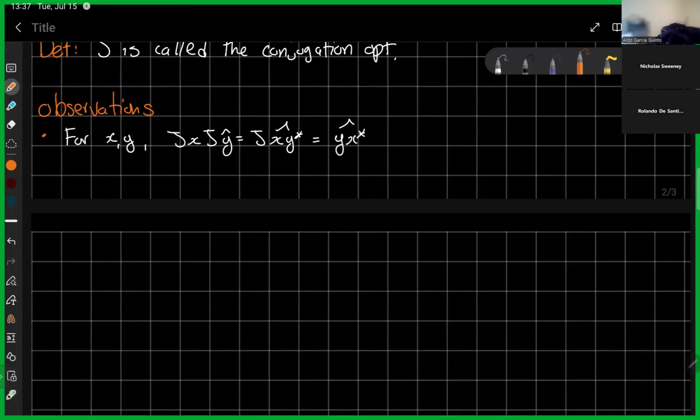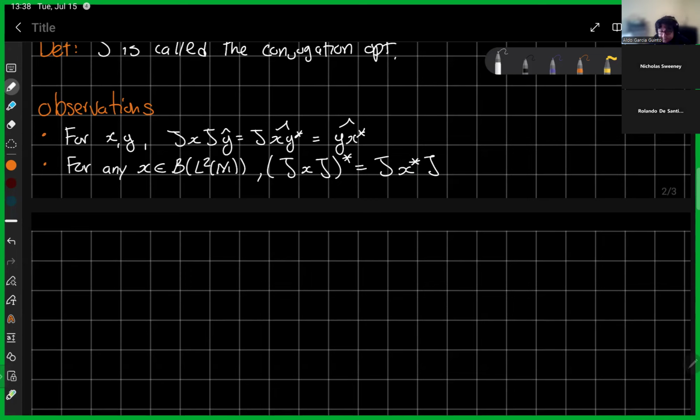The other observation that we have is that for any operator, JxJ star is equal to J x star J. This is an exercise, so I'll leave it for you guys.